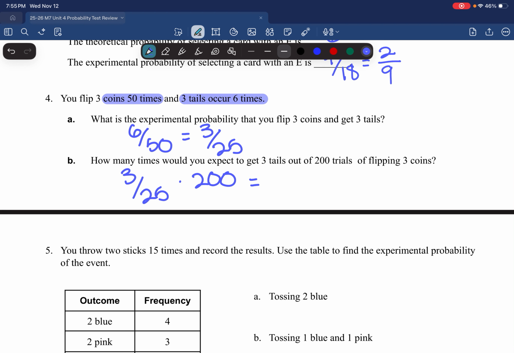That is 24. All right, makes sense? Let us keep going.